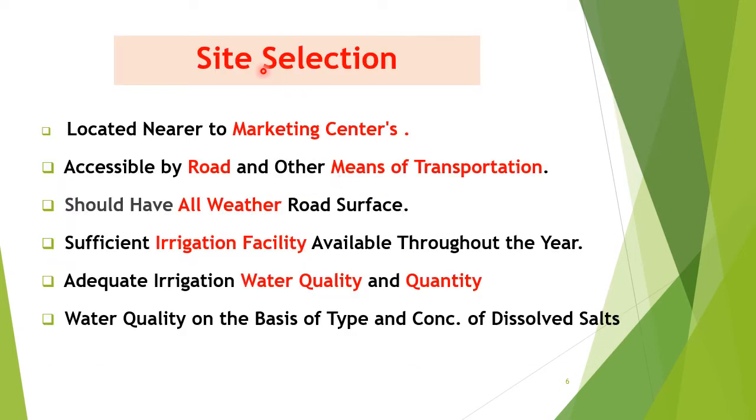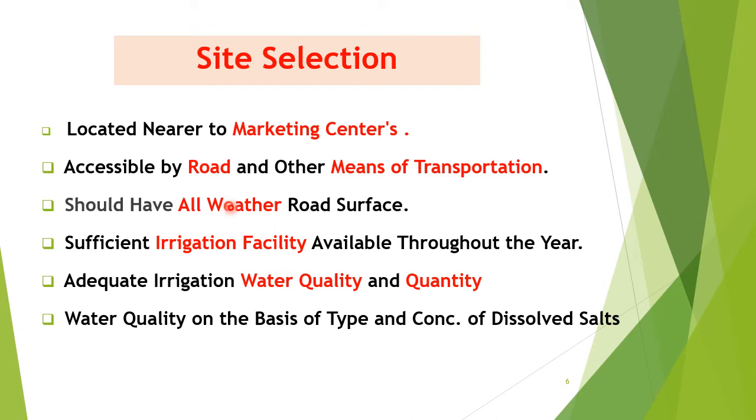Then you have to select a site where you have to make your nursery. That is called as a site selection. So first of all, your nursery should be located nearer to the marketing centers. This should be accessible by road and other means of transportation.